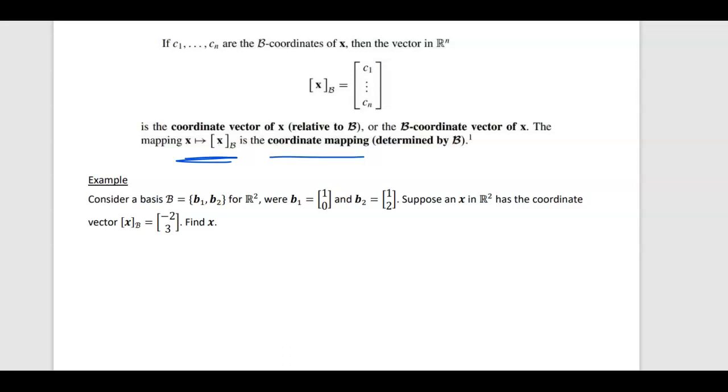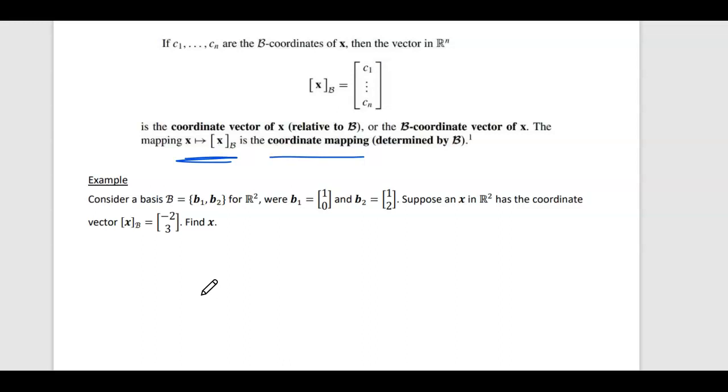So if we're looking at a basis, two vectors in R2, and it gives us B1 and B2, you can see that those would be linearly independent. There's no way to multiply something by B1 to get B2. And then suppose there's an x in R2 where we know the coordinate vector for x is -2, 3. Find x. Well, let's go back to our definitions here.